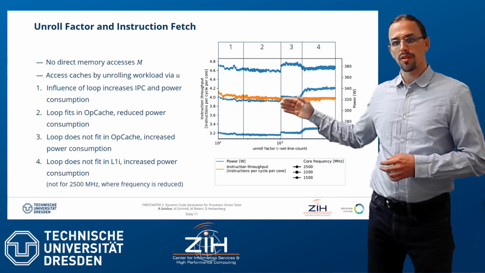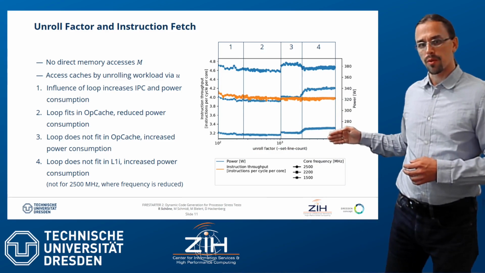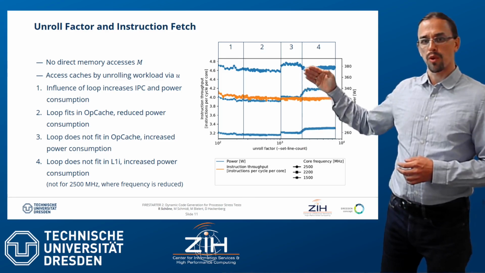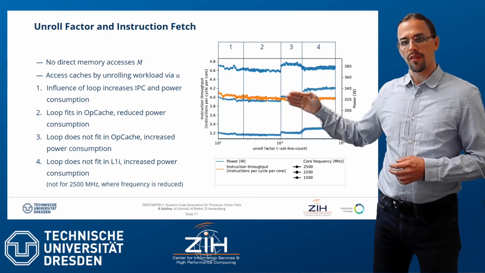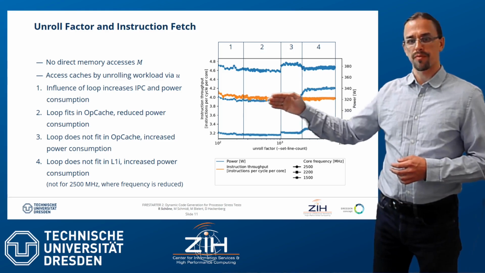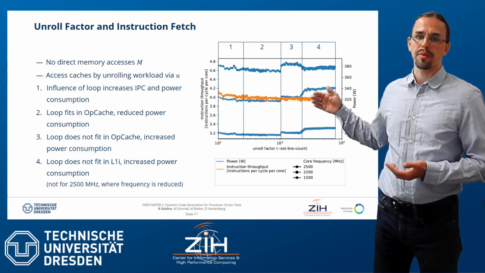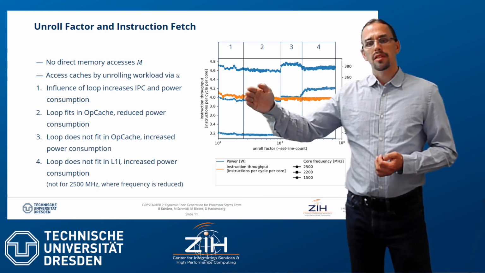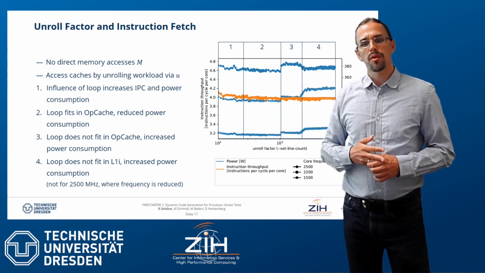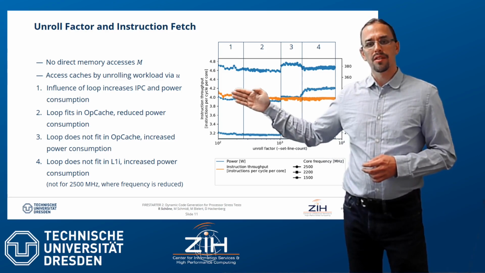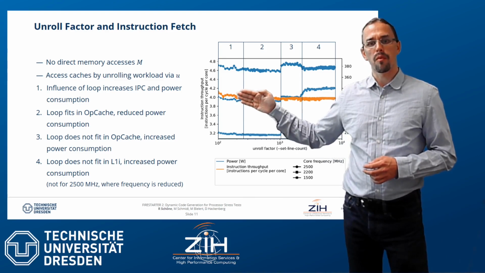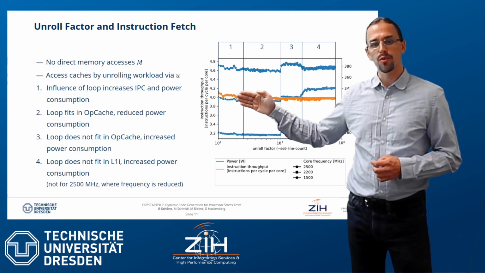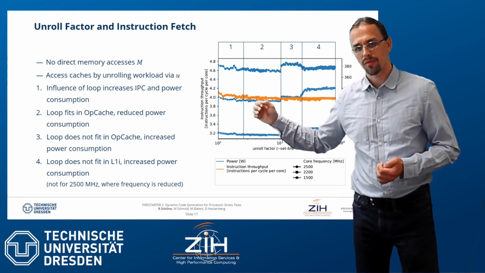So what you see here is, for increasing unroll factor, the power consumption for 1.5, 2.2 and 2.5 gigahertz, and here you have the instruction throughput for all of these frequencies, and they are overlapping, so it's not really visible. In the beginning, the overhead of the loop header is really high, so you have higher than 4.0 instructions per cycle throughput, which is not surprising.